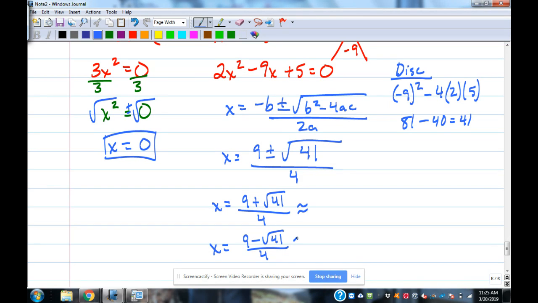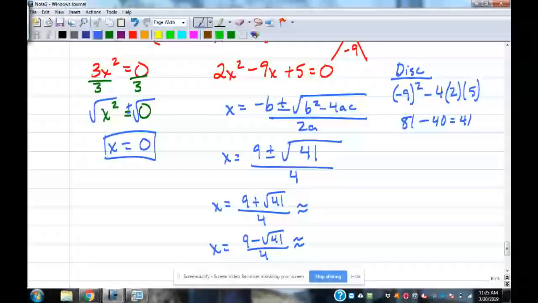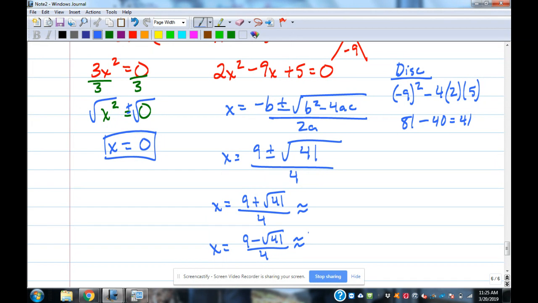Let's get the decimal approximation for those as well. So these are the exact answers. That's what I prefer and what I'll ask you for. But let's go ahead and get the decimal approximations because we're going to need those later on when we start doing some graphing and things.